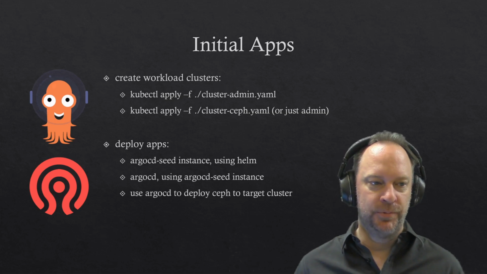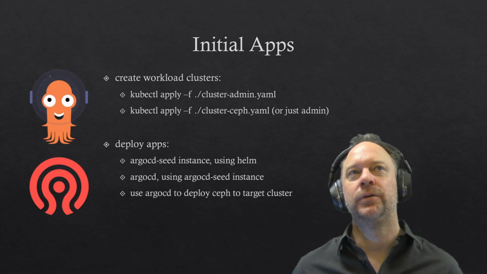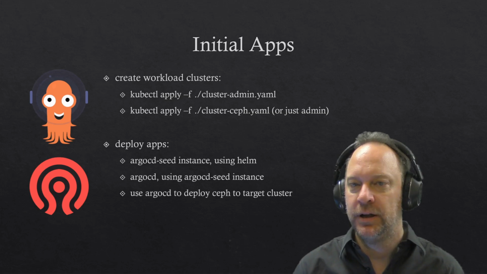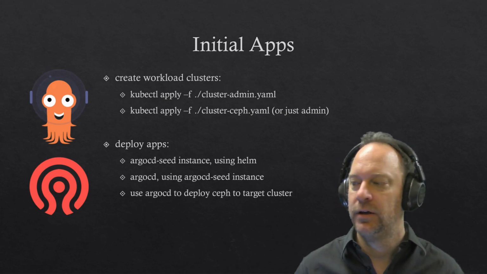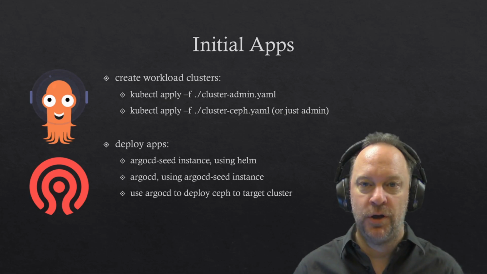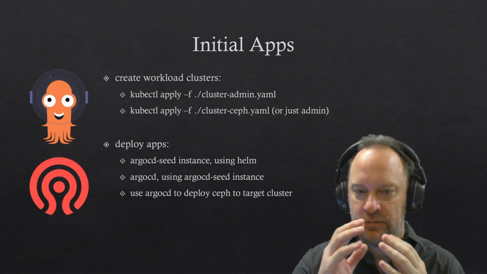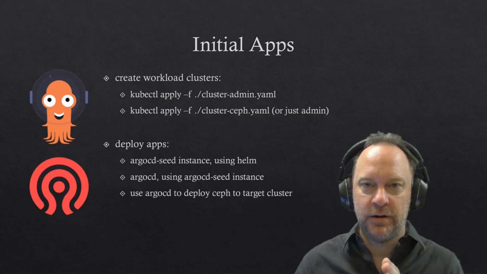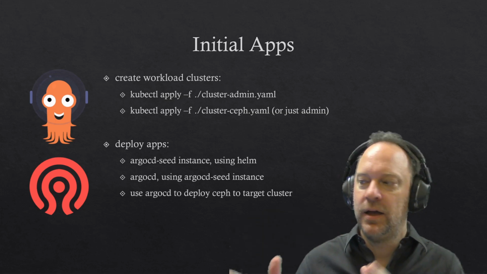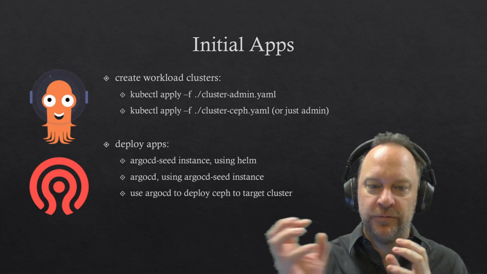Now we want to start deploying apps. So a little bit of a chicken and egg here as well. So we want to use Argo CD to allow us to use GitOps to deploy our applications into the Kubernetes environment. This means infrastructure as code, and that code, which are YAML files, we're going to create those and store them in Git. And then we're going to point Argo CD at that Git repo, and Argo CD will ensure whatever's defined in that Git repo is reflected in the environment.